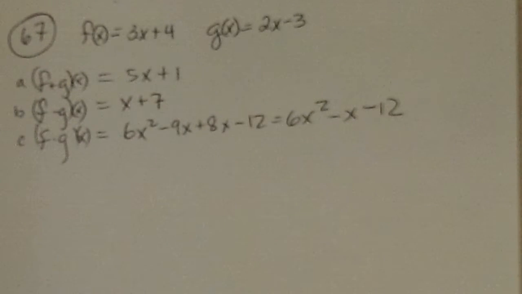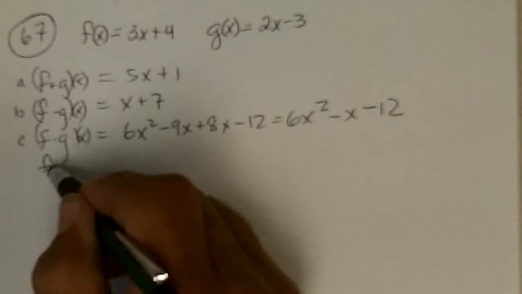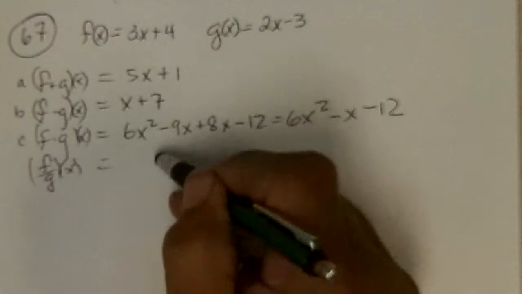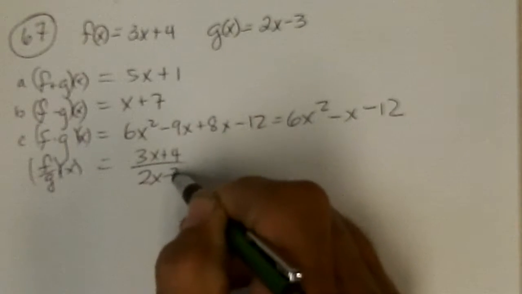Then we're supposed to do f divided by g of x. So that's 3x plus 4 over 2x minus 3.